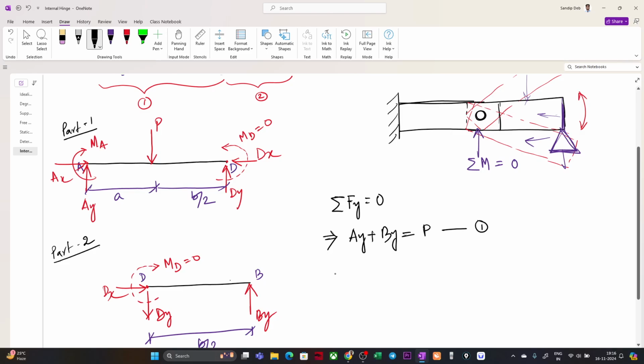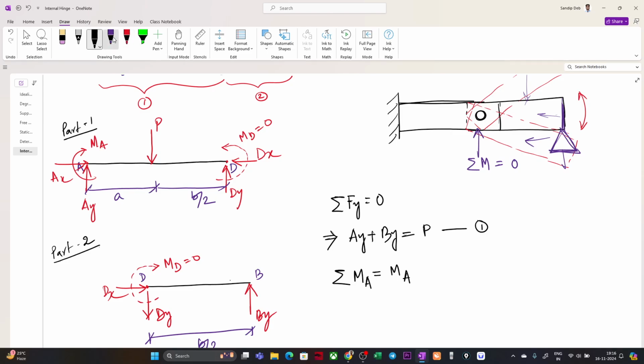And if I take the summation of moment about A, because we only have forces Fy and Fx, then summation of moment about A is equal to 0, so we have MA. Why am I writing MA positive?